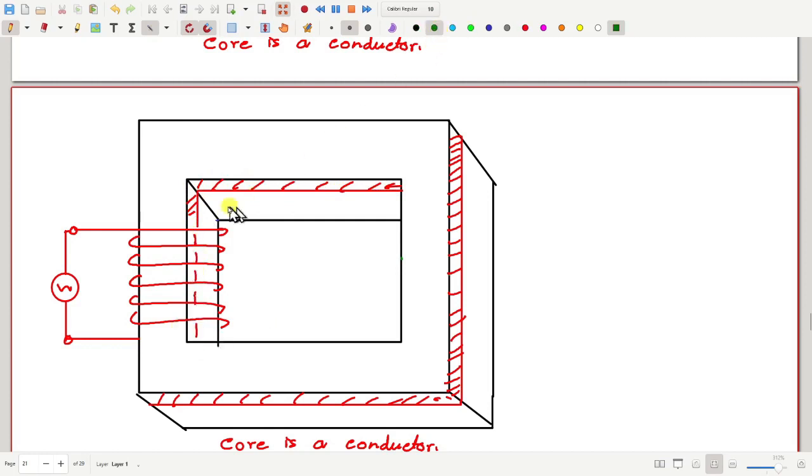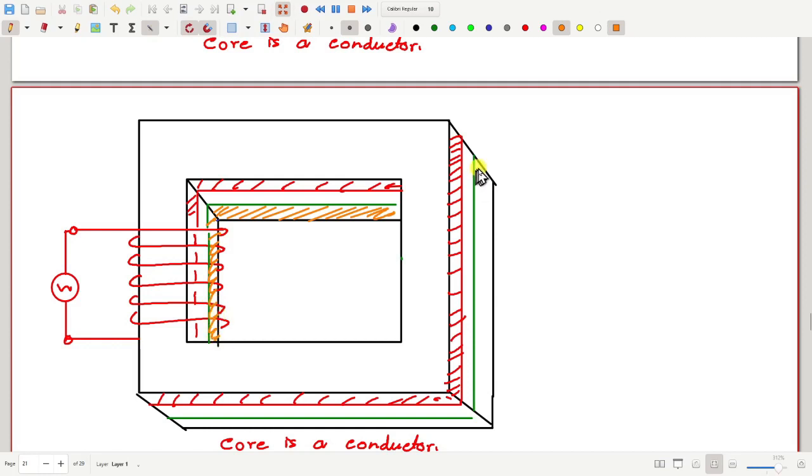Next consider another slice, which is like this. That is the second slice, and then consider another slice, maybe this part.